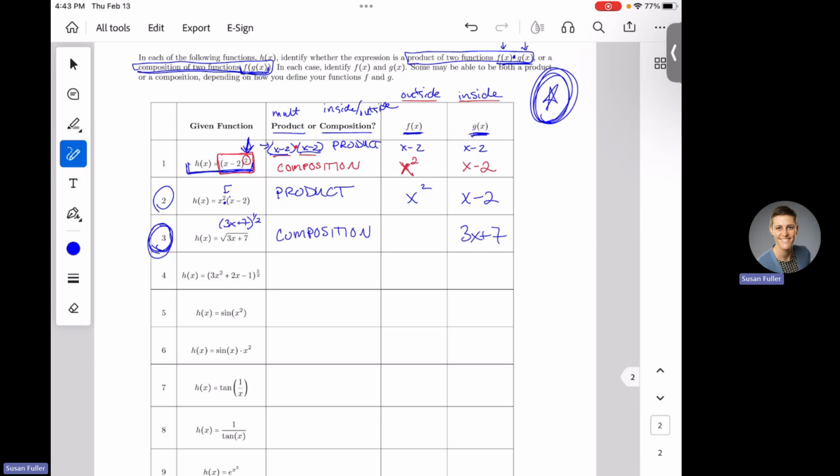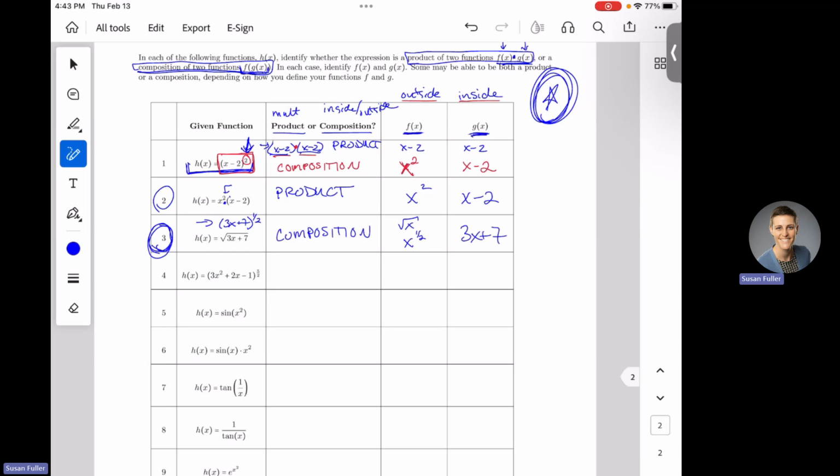Well, it's inside a square root, right? So our outside function is going to be a square root function, which would be the square root of x. Or if you looked at it this way, you could say that's x to the 1/2. Both of these are the same. It just depends on whether you want to keep it as a root or write it as an exponent. Either of these would be your outside function because they mean the same thing. But your inside function is 3x plus 7, and your outside function is that square root function.